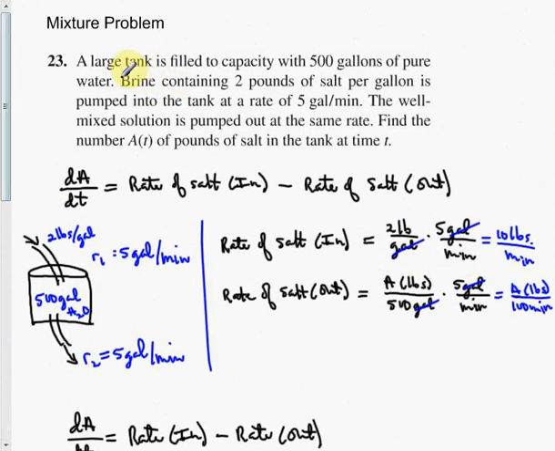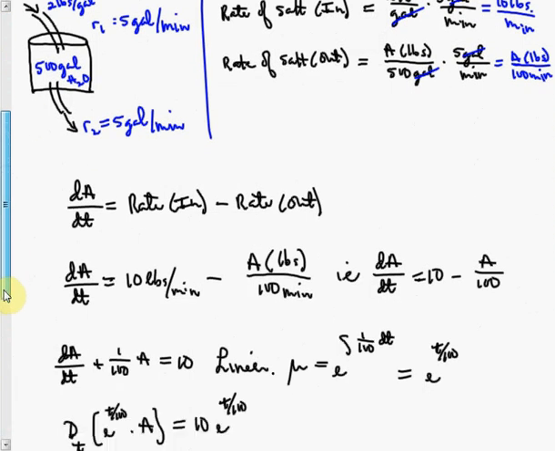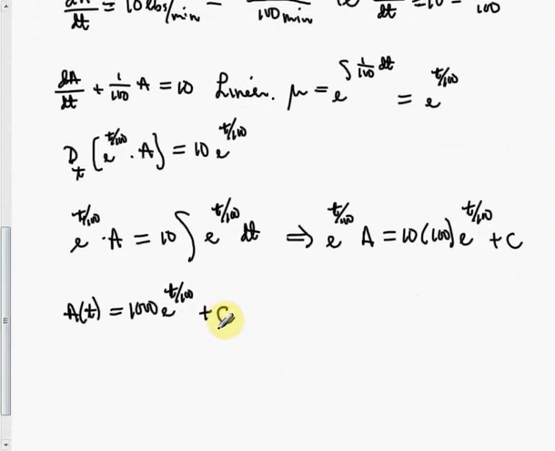Now, how much salt is in this tank initially? It's pure water. So the amount of salt in there is what? 0. So A of 0 is equal to 0. You want to be able to solve for C. Right?